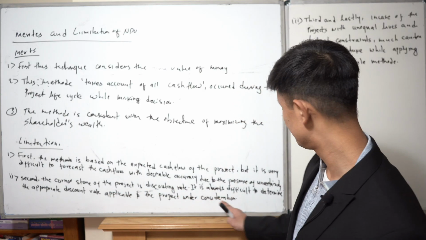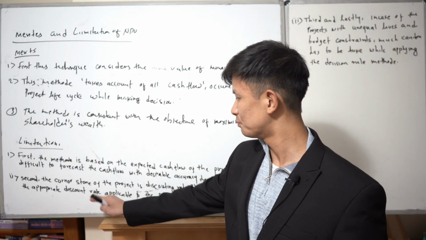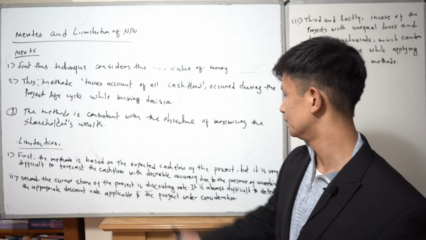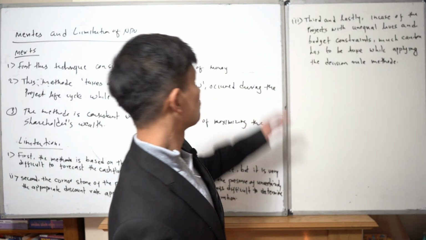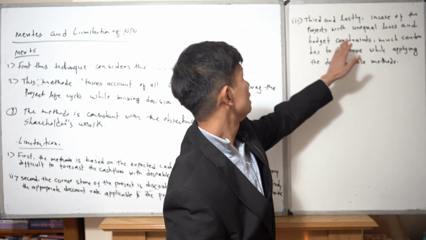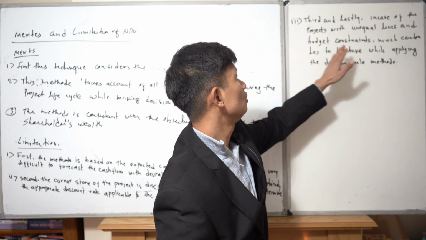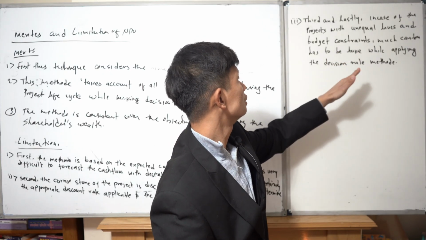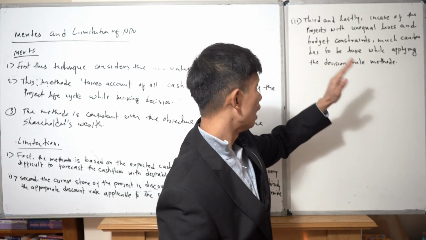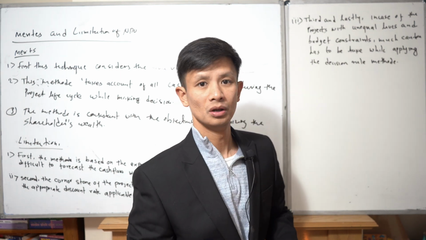It is very difficult to determine the appropriate discount rate applicable to the project under consideration. And thirdly and lastly, in the case of projects with unequal lives and budget constraints, much caution has to be taken while applying the decision rule.